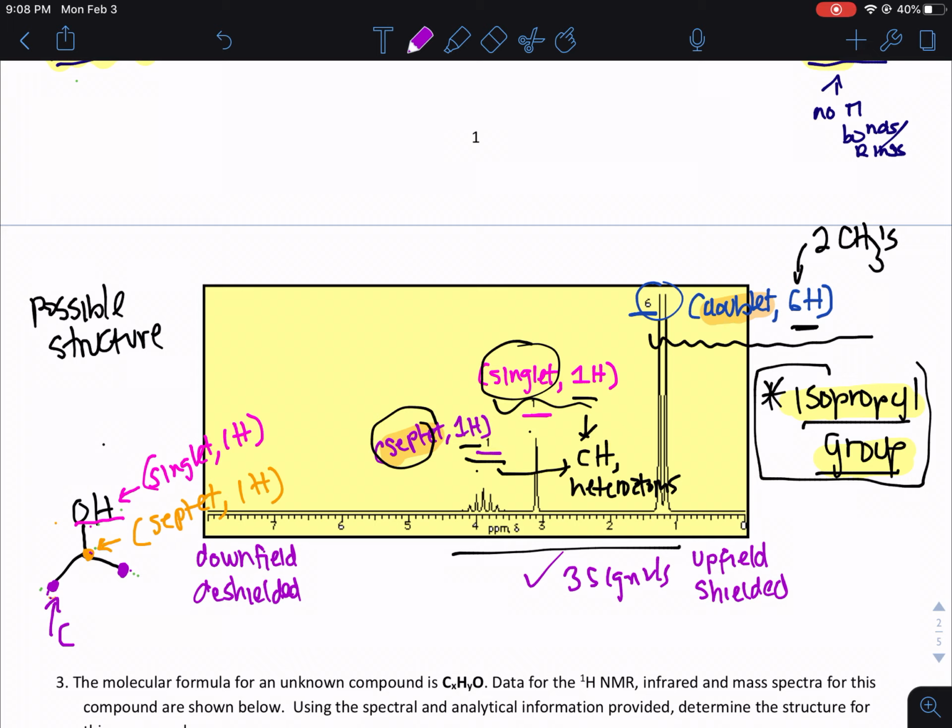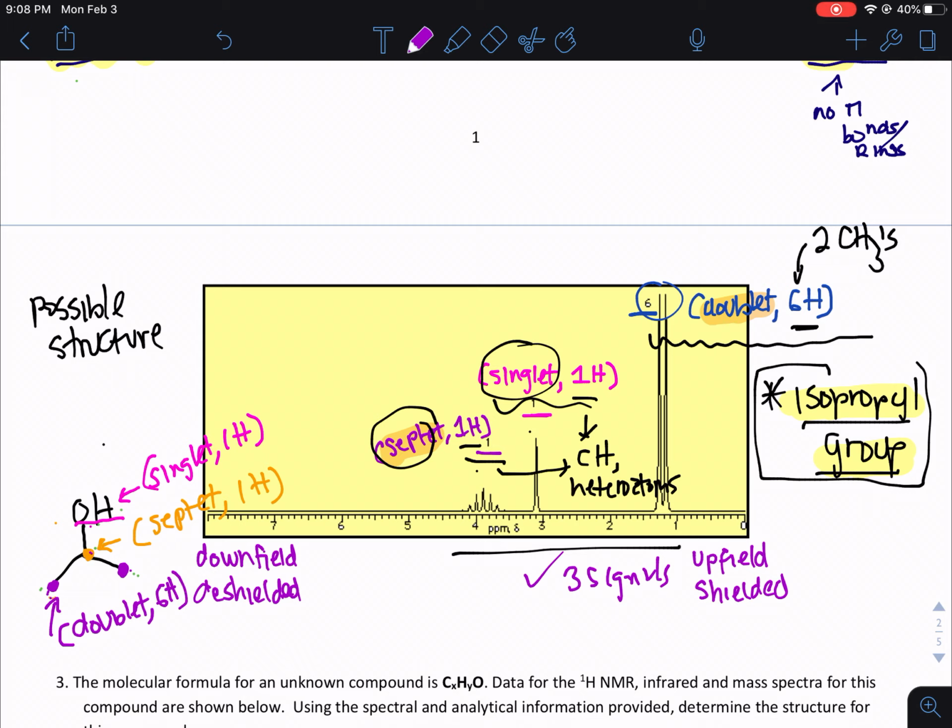So we're also going to follow the n+1 rule. That would be one from the CH, plus 1, which is a doublet, right? And how many protons of that type do we have? We have 6, because those are 2 CH3s.